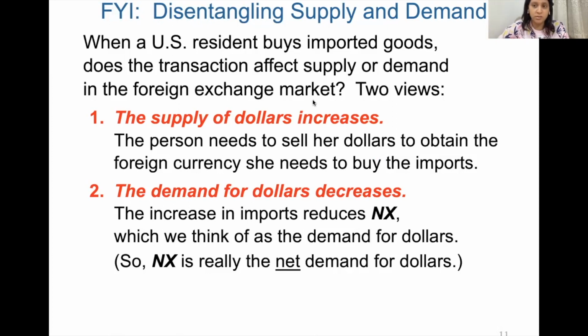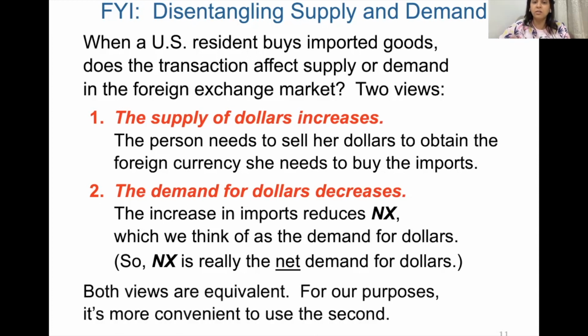So the supply of dollars is going to increase, and because you are importing more, your net exports is going to fall. Since both impacts come into play, we will consider the second one because it's more convenient to use in this model, right?